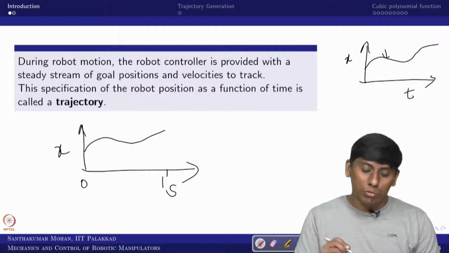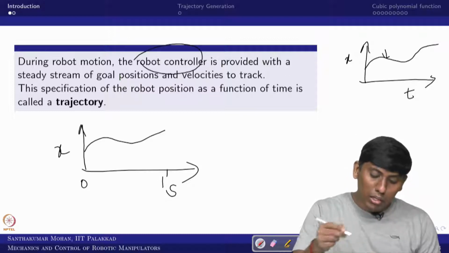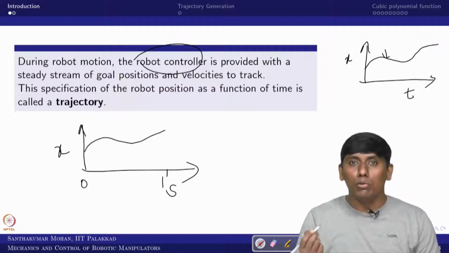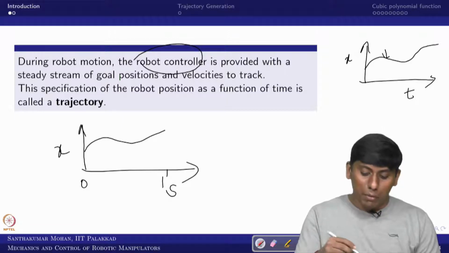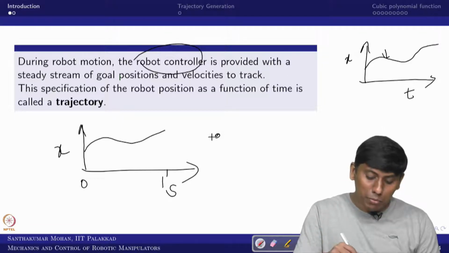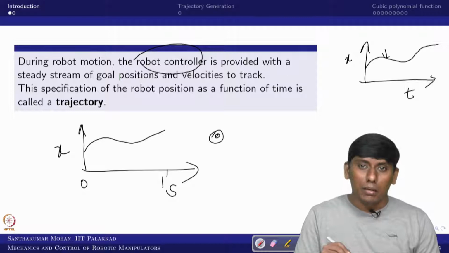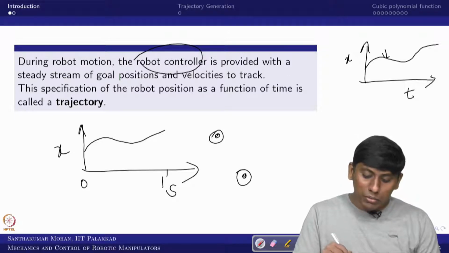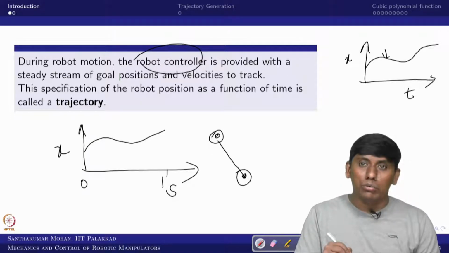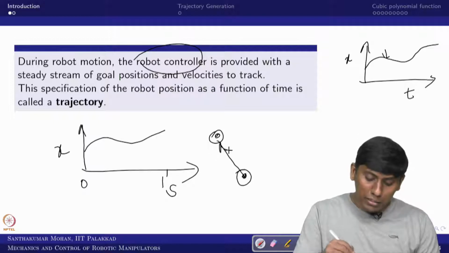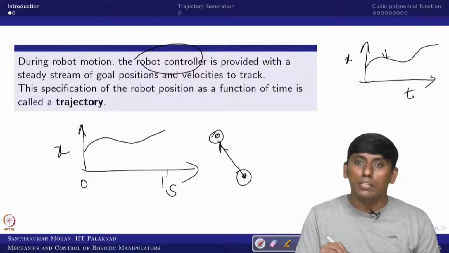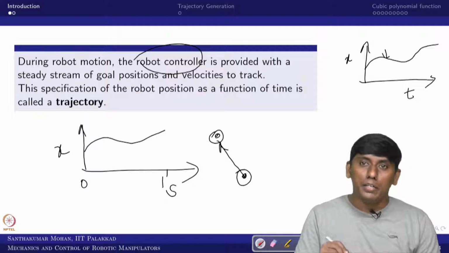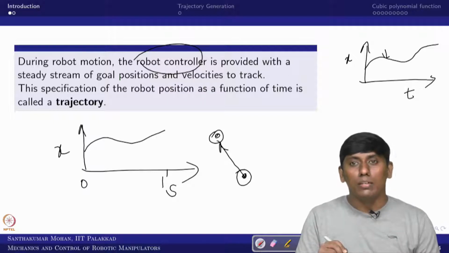But why is this required? Because the robot controller needs to follow certain things. For example, the manipulator is supposed to grab a particular point from this point, so it needs to come and do this. For that, you need to identify some kind of predefined path, or trajectory. Why is this required?